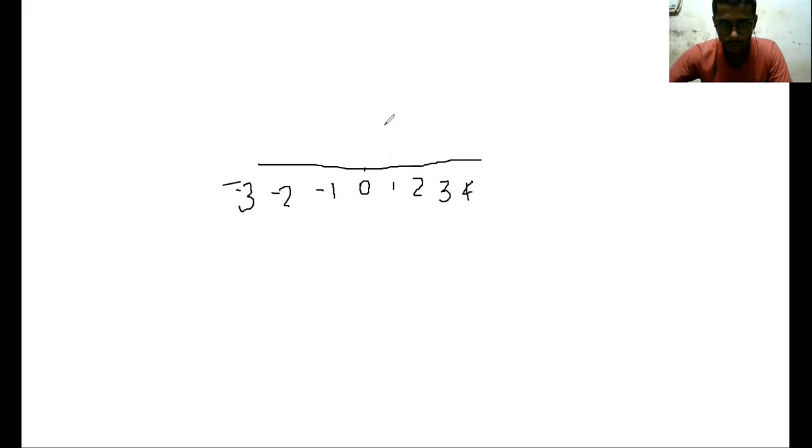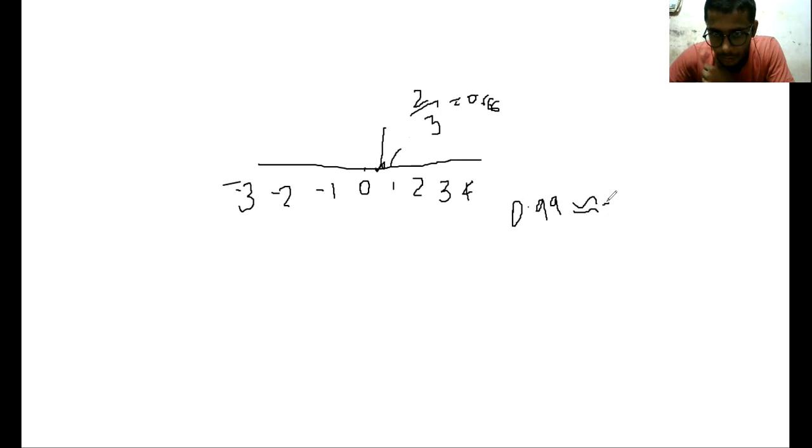If you chop down this line, for example here, you'll be getting 2 by 3, which is equal to 0.666. And if you chop down very close to 1, you'll be getting 0.99, which we can denote as approximately equal to 1.